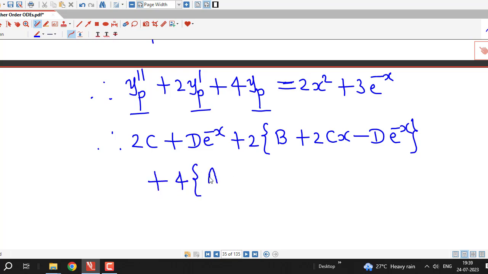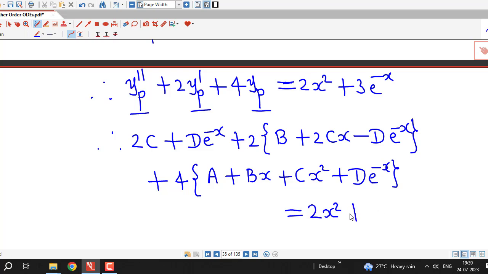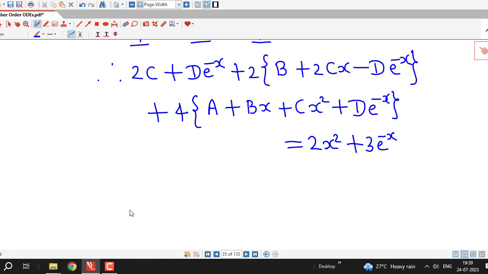So 4 into the value of y_p, which is a + bx + cx² + d·e^(-x). The right hand side is as it is, 2x² + 3e^(-x).